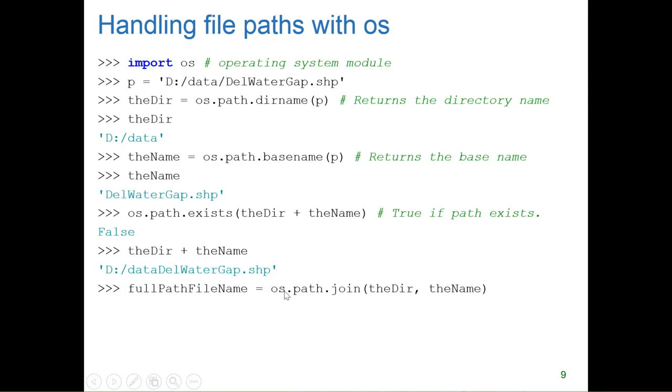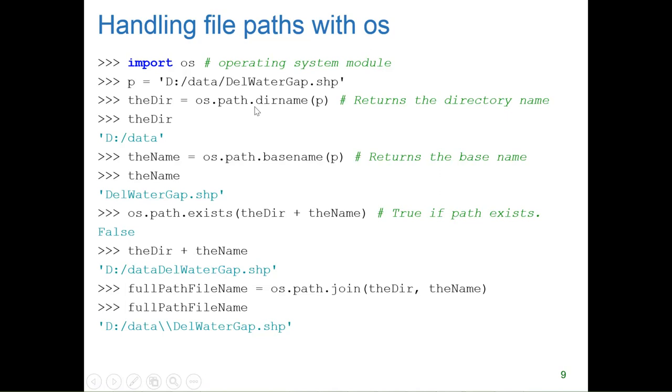Therefore, there's a function called join, which is the os.path method, that will take a series of path and file name elements. It can be more than 2, but here we'll just use it on 2, and it will join them together in a way that creates a file path. So if there isn't a slash between the 2 elements, it will add one in there. And here it's given the escape sequence backslash backslash so that the backslash can be recognized. This is, of course, equivalent to a single backslash.